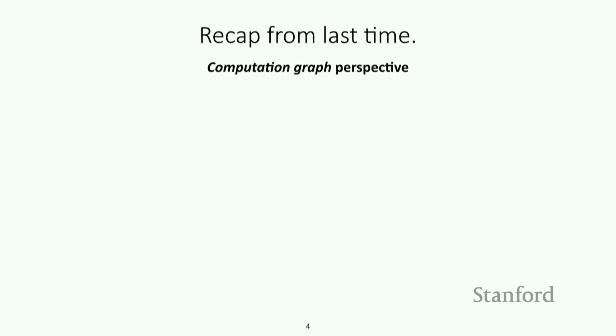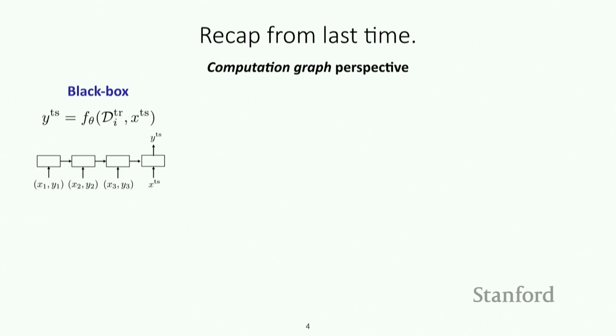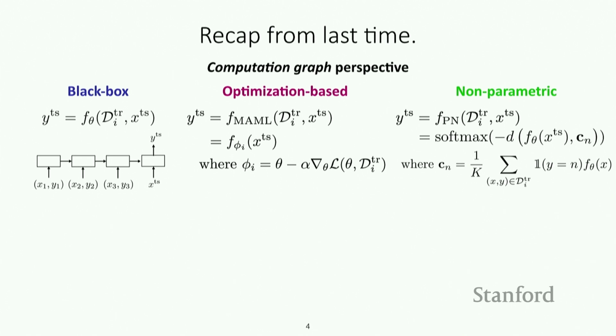The first perspective was the computation graph perspective, where we looked at all of these different meta-learning algorithms as different computation graphs, some that are completely black box, some that have gradient operators or optimization procedures embedded inside of them, and some that use non-parametric algorithms embedded inside as well. This is one way of thinking about meta-learning algorithms as a function that takes in a data set and a test input and makes a prediction about that input.